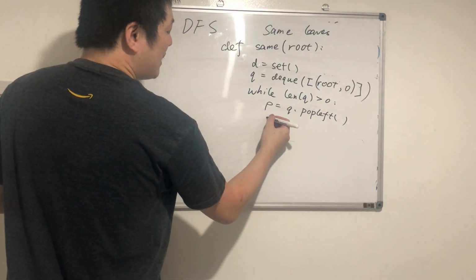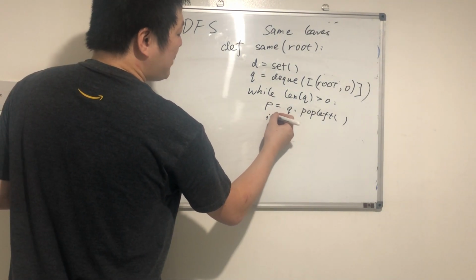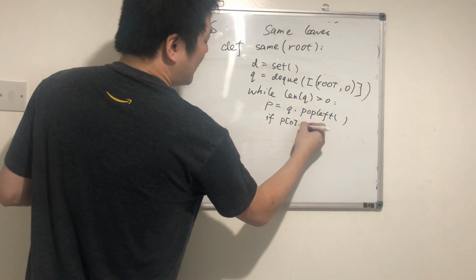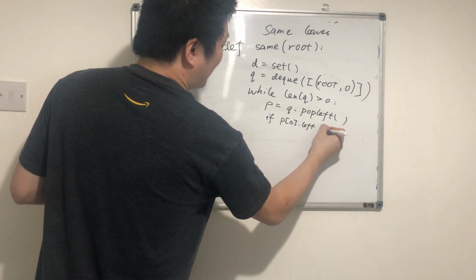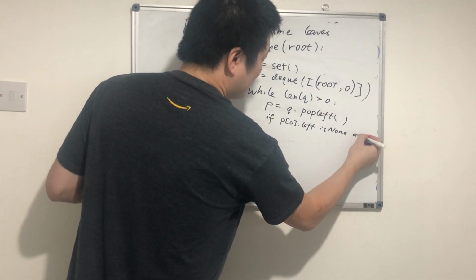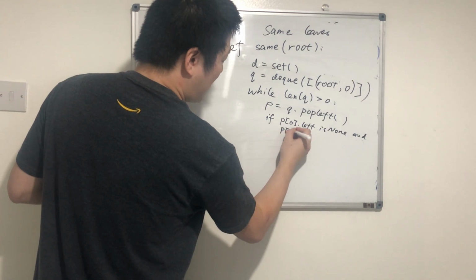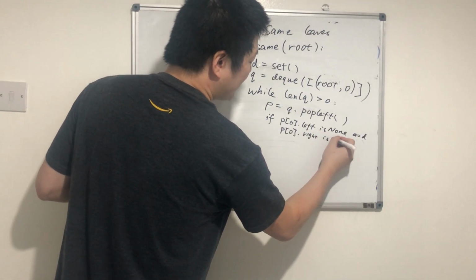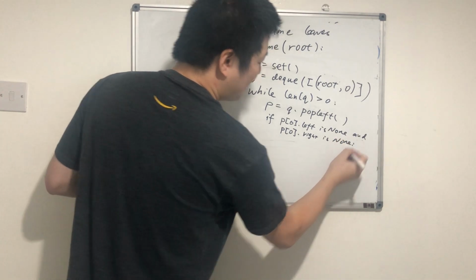So if P0 dot left is none, and P0 dot right is none, what does it mean? It's a leaf node, right? Am I right?